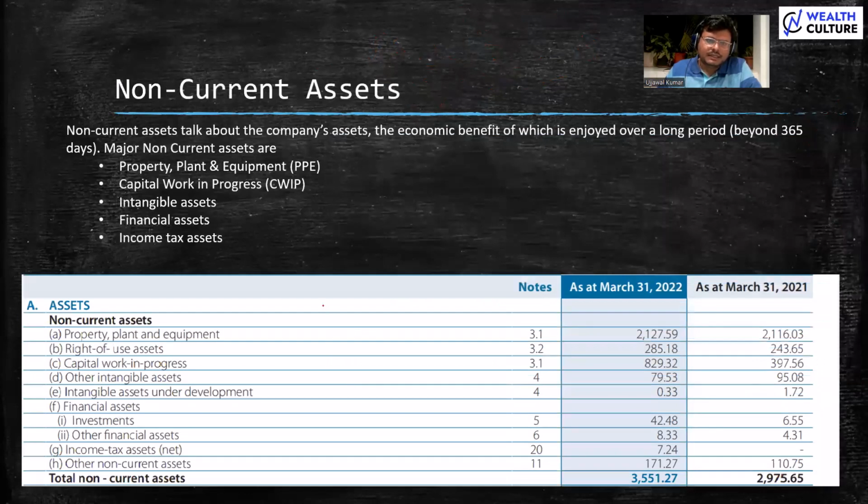Now let's get deeper into non-current assets first, and then we'll get into the current assets. These are assets, the economic benefit of which is enjoyed over a longer period of time, basically more than 365 days, right? So for example, you can see the line items here. There is property, plant, and equipment, which is nothing but your buildings, right?